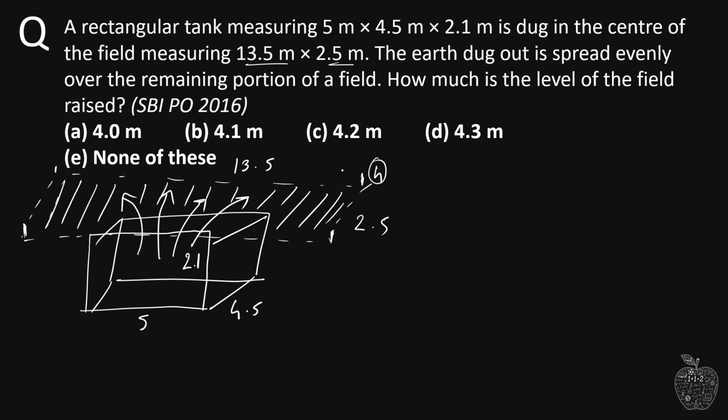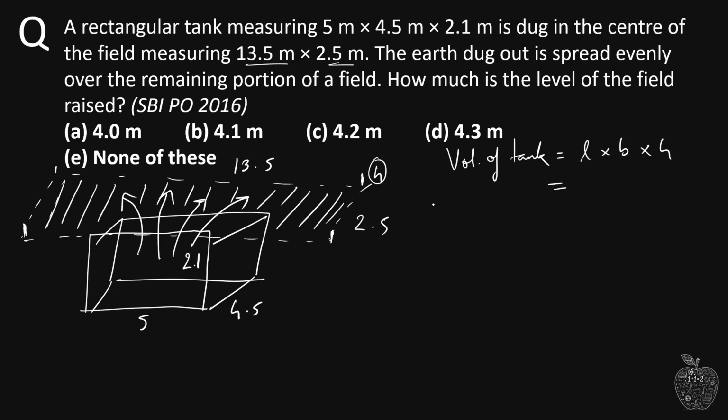Let's start with this tank first. The sand that will be dug out will be of the same volume as that of this tank. So first, let's find the volume of the tank. This is a cuboid, and the formula for its volume is length into breadth into height.